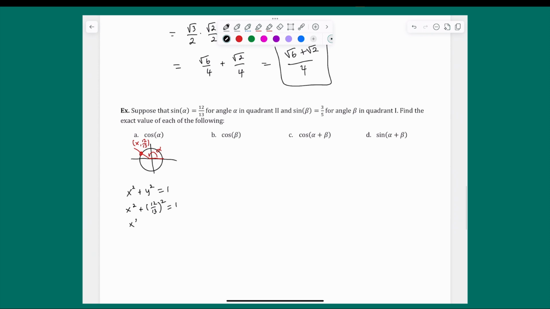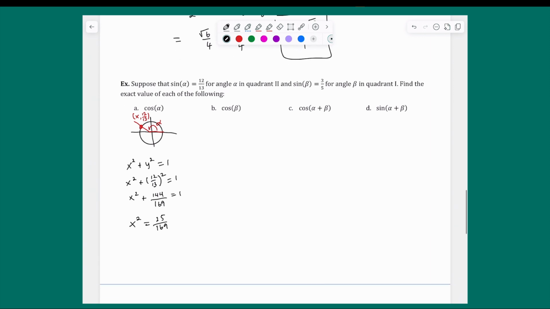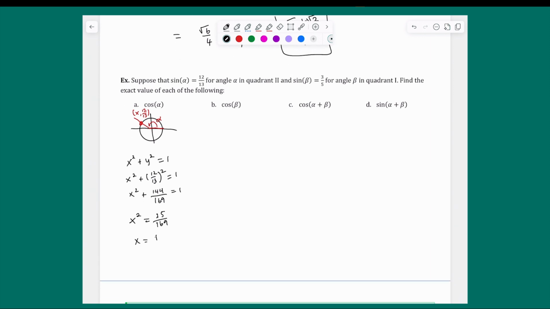And so we would get x squared plus 144 over 169 equals 1. Subtract 144 over 169 on both sides to get 25 over 169. Then take the square root on both sides to get plus or minus the square root of 25 over 169, which would be 5 over 13.